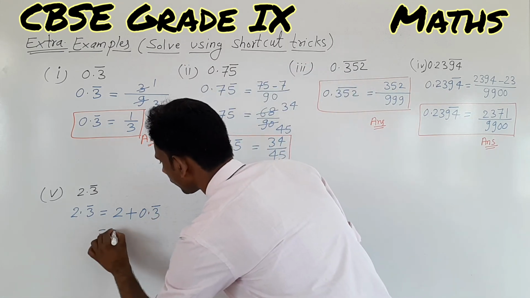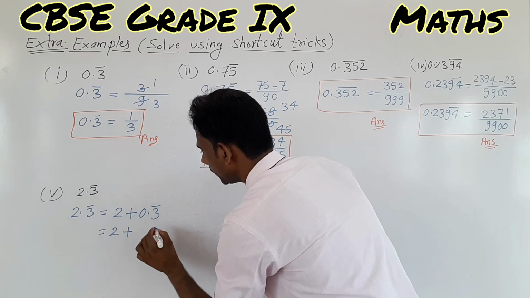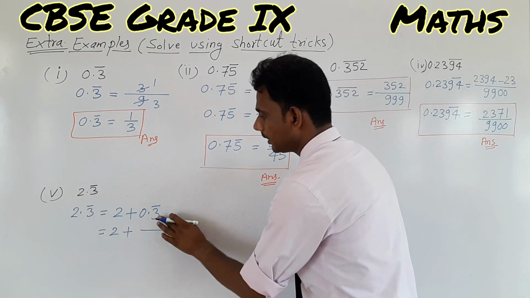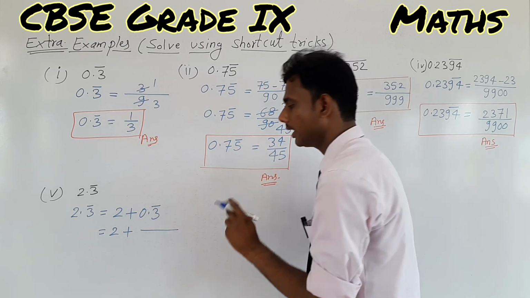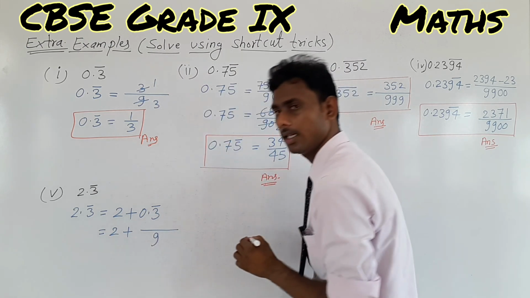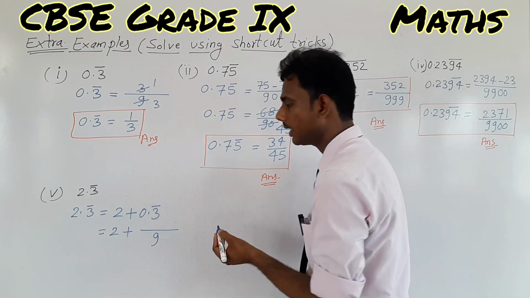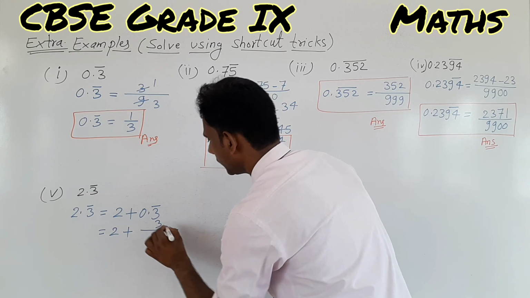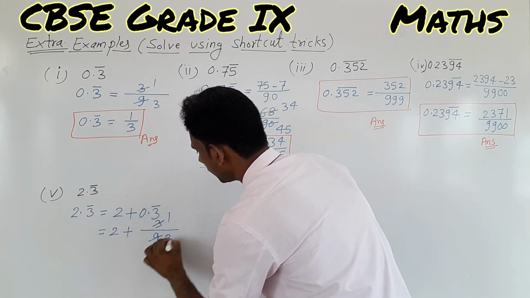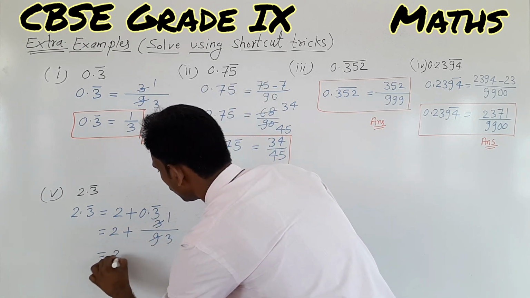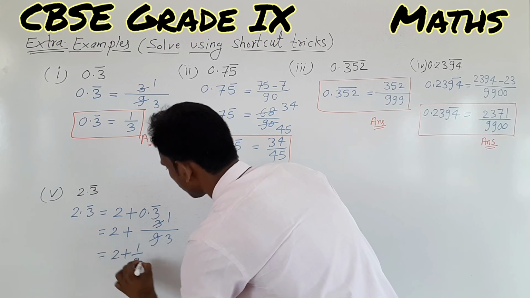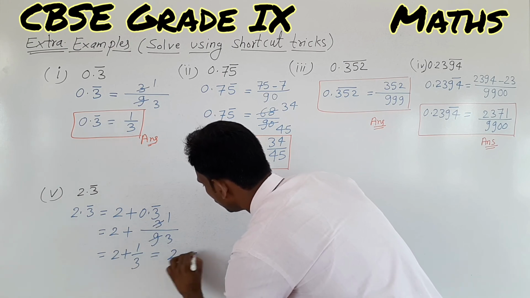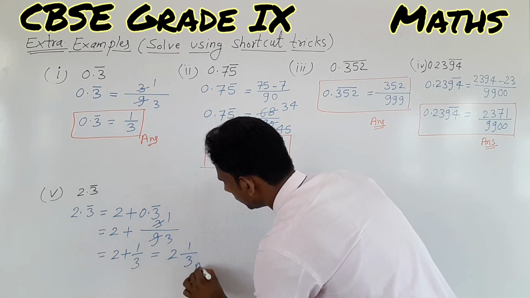This will be equal to 2 plus, how many 9s do you write in denominator? Only one digit is recurring, then you write 1 nine in denominator. And what is numerator? This number 3 is recurring, means you write here 3. 3 1s are 3, 3 3s are 9. This will be equal to 2 plus 1 upon 3. You can write this will be equal to 2 whole 1 upon 3. This is the answer.